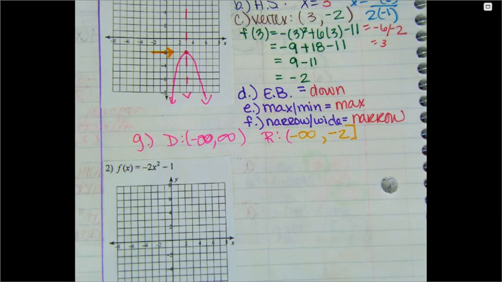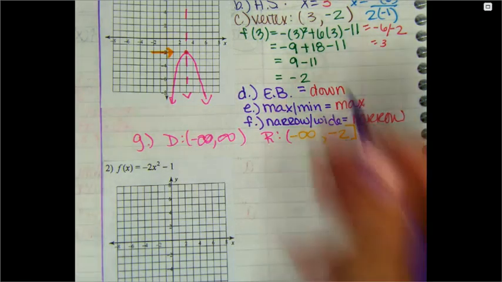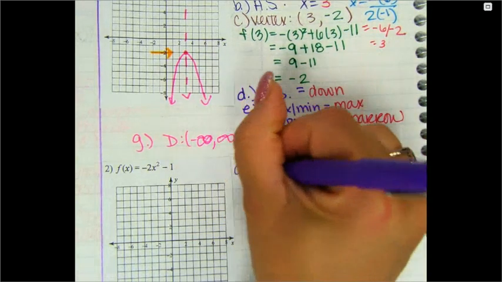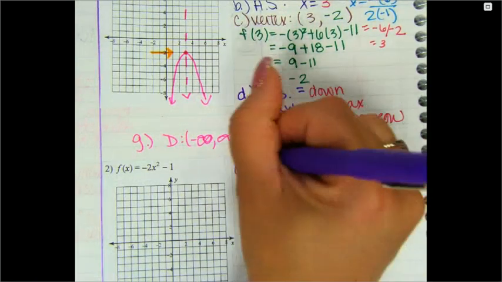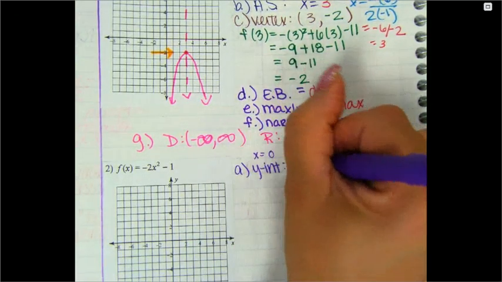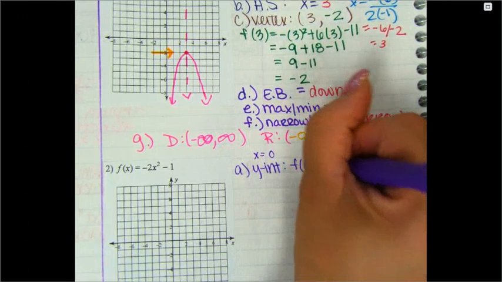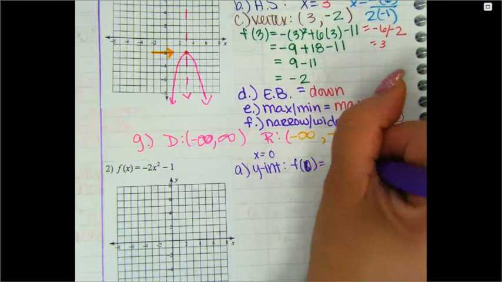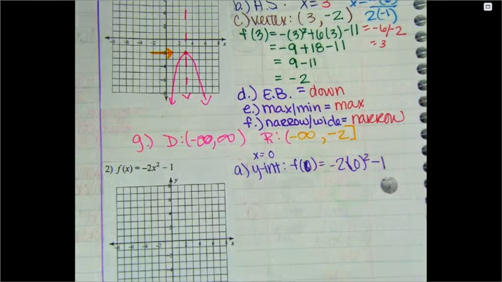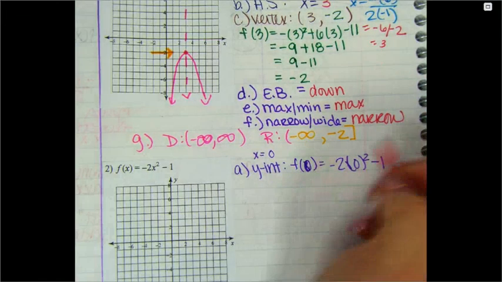Okay, y-intercept. How do you plug in for the y-intercept? 0 for what? For x. So you should be seeing that. What is going away? Everything except for which one? Which letter?